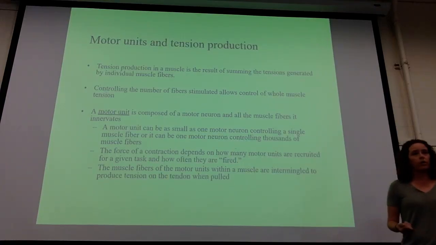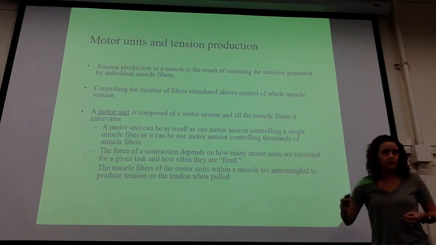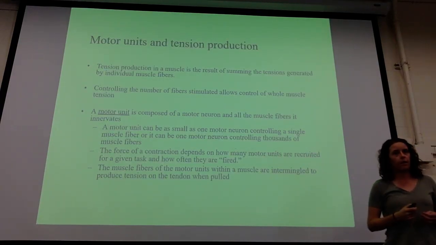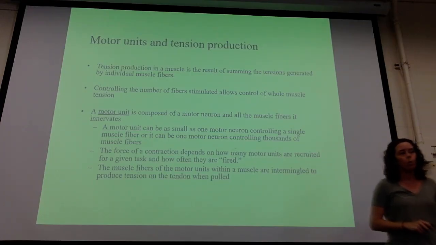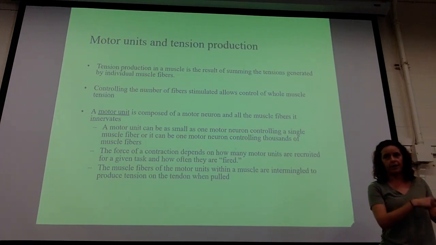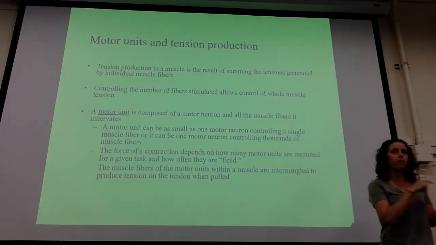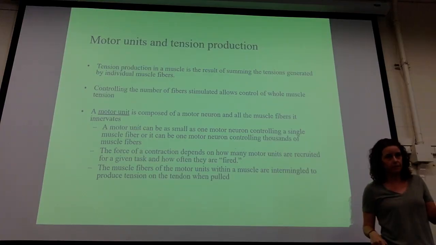The motor neuron plus all of the muscle fibers that motor neuron talks to is called a motor unit. A motor unit is one motor neuron, the nerve cell that the action potential travels down, plus all the muscle fibers that motor neuron innervates.